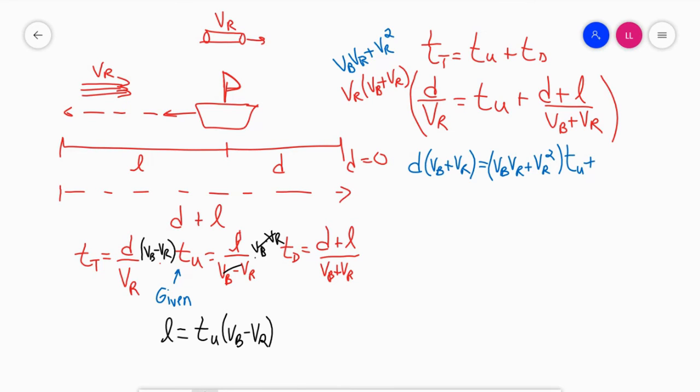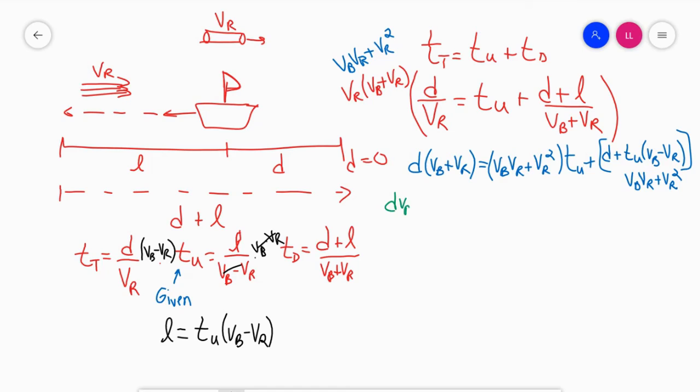and now I'm going to plug in this L, so things are going to get a little crazy. It's d plus the upstream time times VB minus VR, times the whole thing, VB VR plus VR squared. I'm running out of room. Now I do all my distribution.